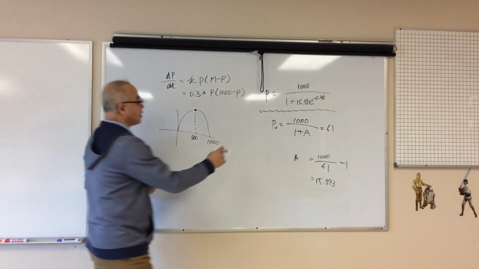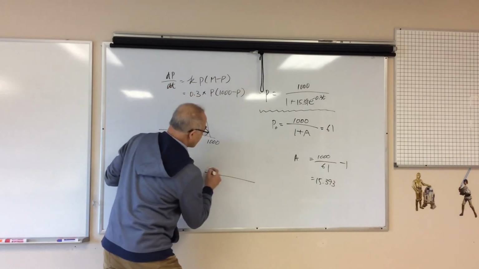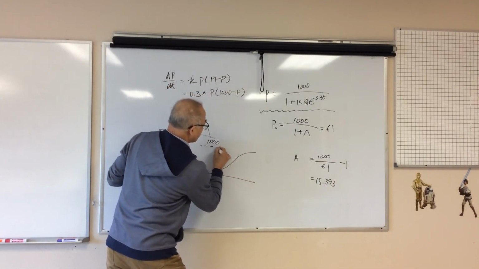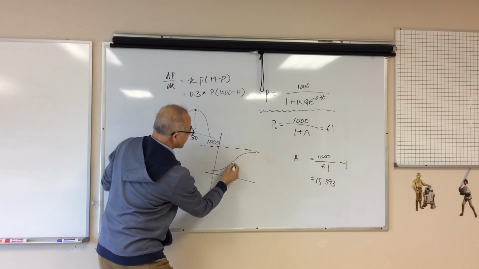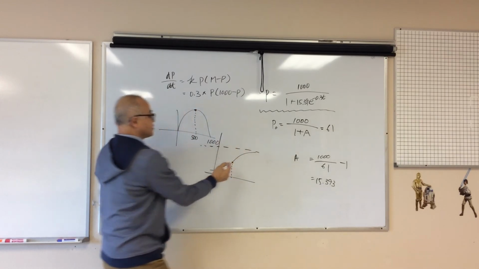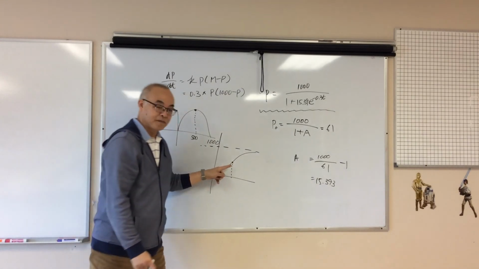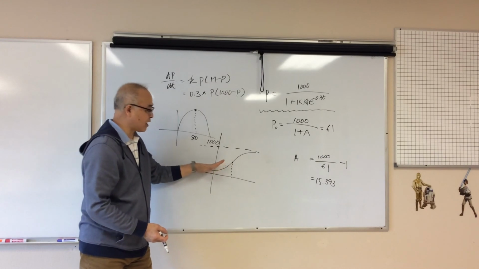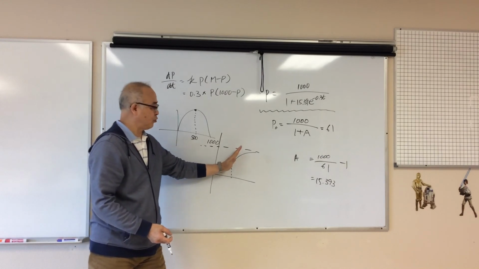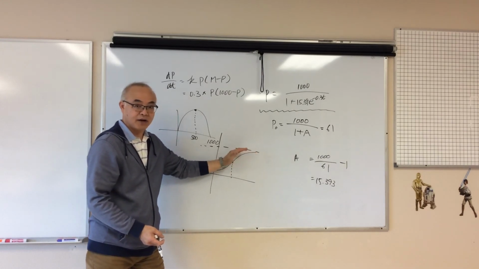So if you go back to the actual curve itself, that happens right here, right? What is this called? Point of inflection, right? Because we are going from concave up to concave down, right?